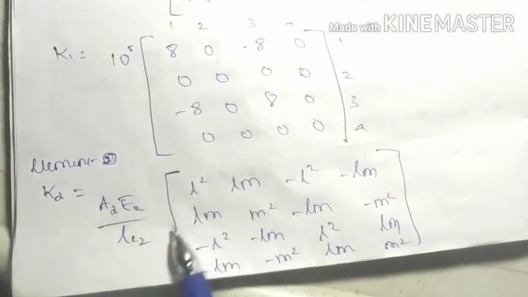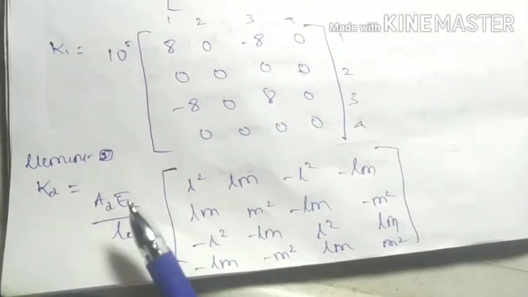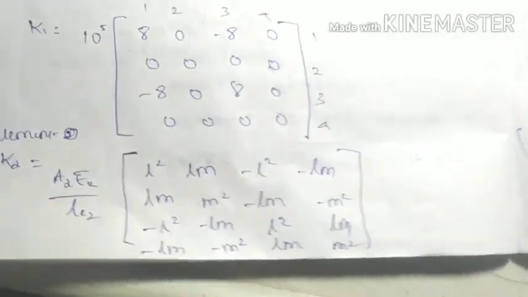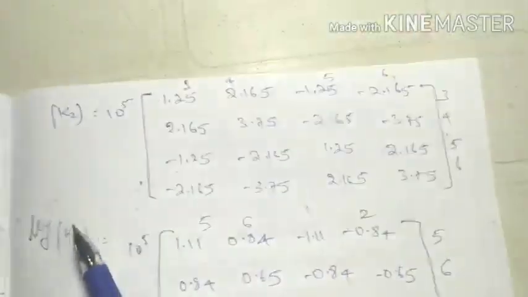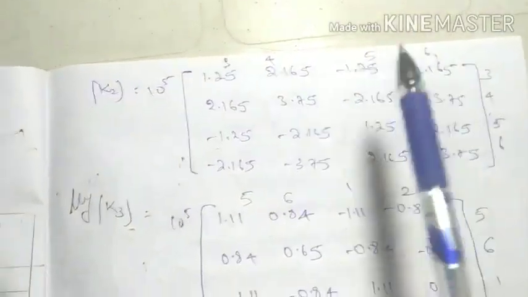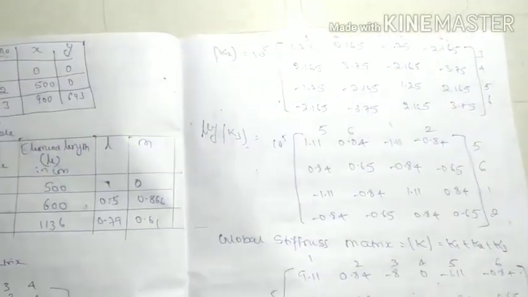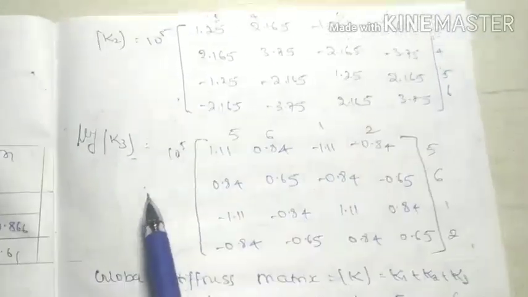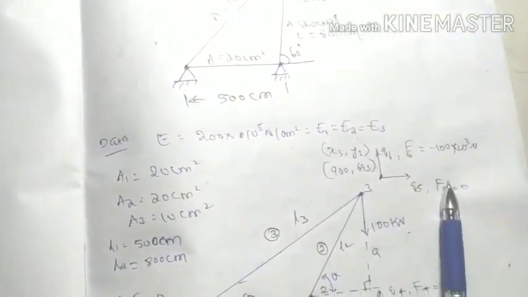Similarly element 2, A2 E2 divided by LE2, and these are the direction cosines, substitute all the values, finally simplify, then K2 you will get like this. What are the corresponding row numbers and column numbers, that you know well. For element 2 it is 3, 4 and 5, 6, that you have to write it here. Similarly K3, you will get K3 as this much after substituting the A3, E3 and LE3 and L, M values. The corresponding row numbers and column numbers are 5, 6, 1, 2.